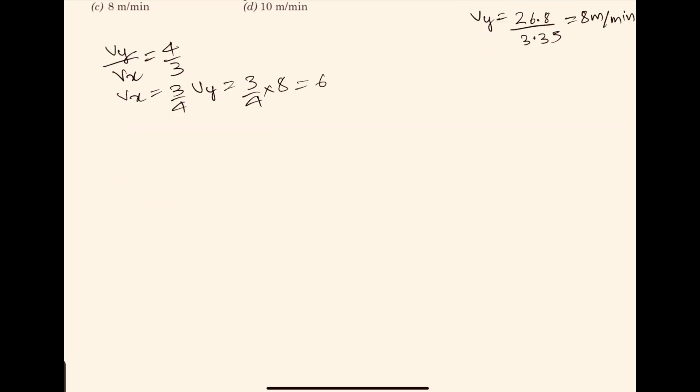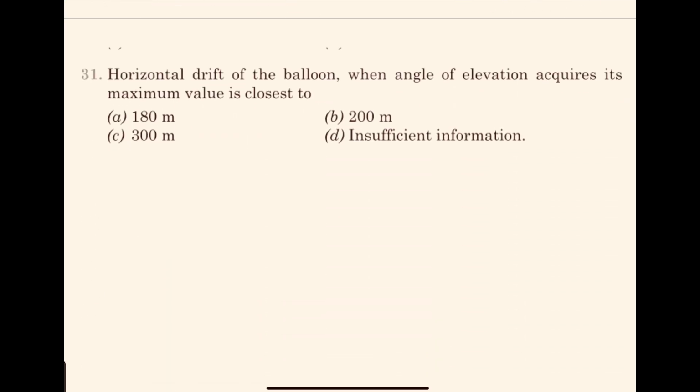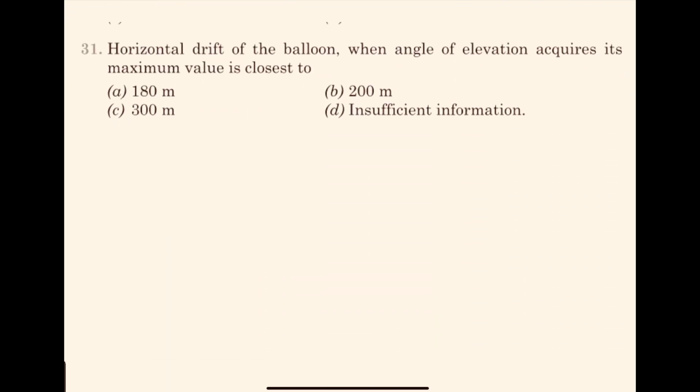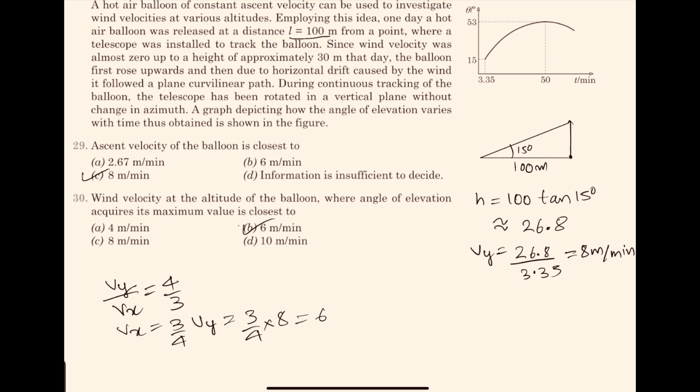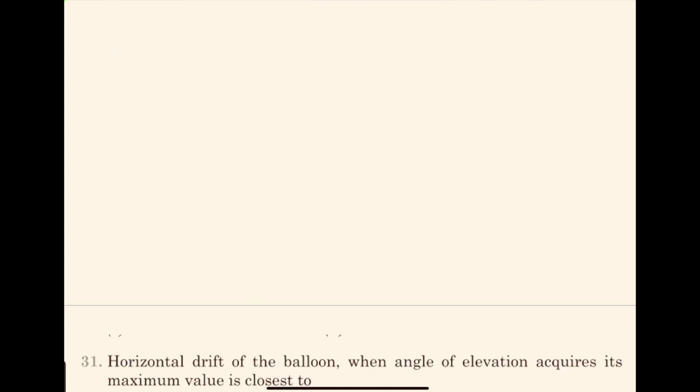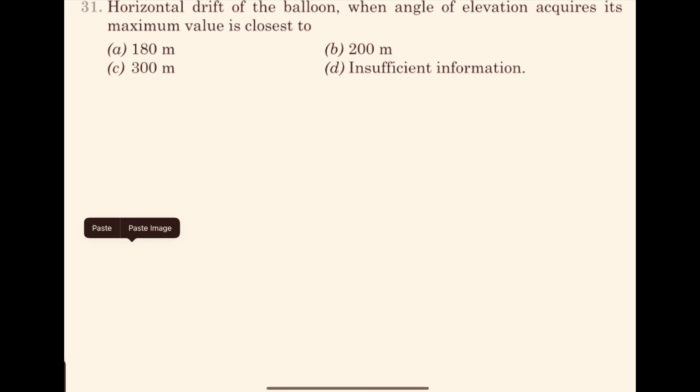There is one more question here: the horizontal drift of the balloon when the angle of elevation acquires its maximum value is closest to what? So we'll have to take this figure over here. This is the situation at 15 degree, and beyond this it continues to rise vertically a little bit, and then after that it goes in a curvilinear path.